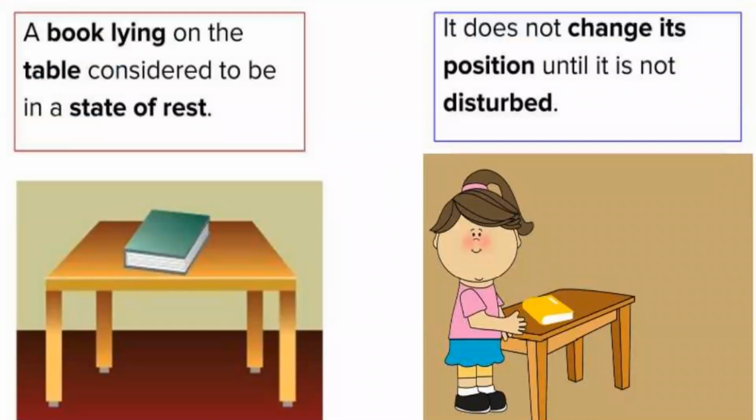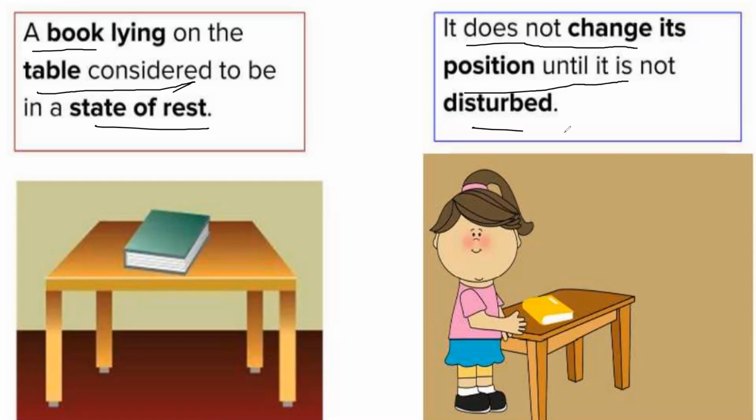Here is one more example. A book lying on the table is considered to be in a state of rest. It does not change its position until it is disturbed. So this is an example of rest and motion.